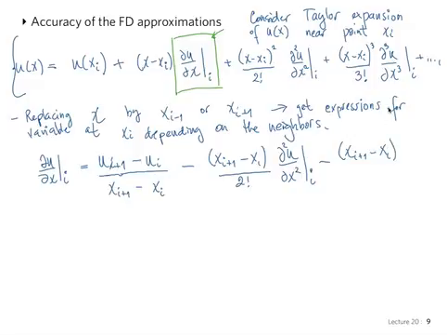It was a cube, but I've divided by one, so I'm only left with a square, 3 factorial, and the third derivative. And there are other terms that we don't write. We call them higher order terms.